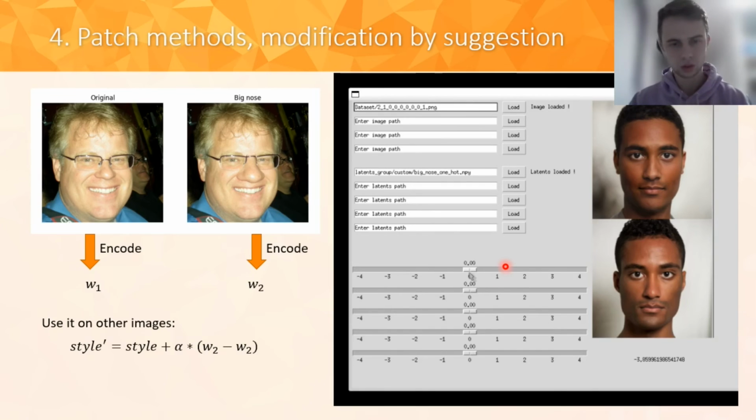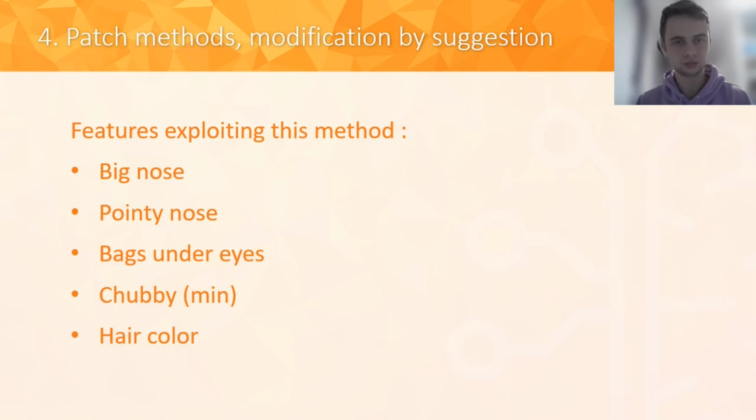So that's basically what we see in this video. With two images, we isolated a vector that is close to perfect for modifying the size of the nose, which was not done on this image. The vector was not isolated on this image, which makes this method really interesting.